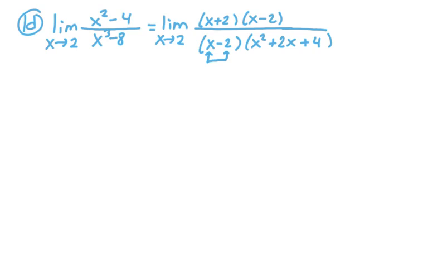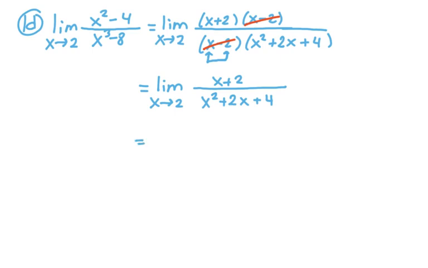Now, as long as x is not 2, I claim I can cancel these factors. And x is not 2. Remember, x is approaching 2. There's a difference. And so this is the limit as x approaches 2 of: in the top, we get x plus 2. In the bottom, we get x squared plus 2x plus 4.